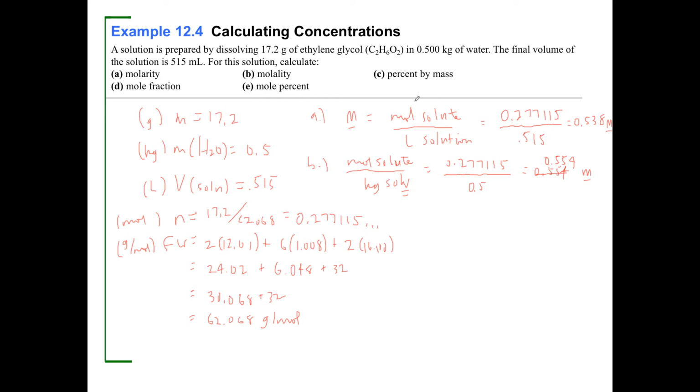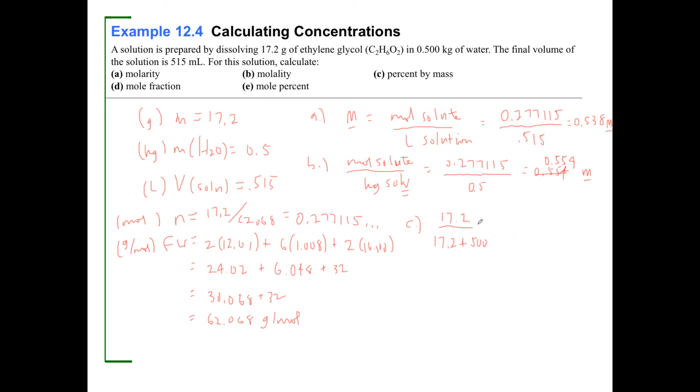Okay, C, percent by mass. Well, it's not actually so bad. Percent by mass is the part per whole. The part is the mass of the ethylene glycol, which is 17.2 grams. And the whole is the ethylene glycol plus the other, which is 500.